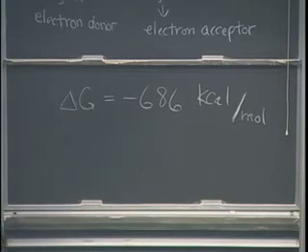So this is a very exergonic reaction. So glucose is around, there's oxygen around. Why doesn't this just spontaneously combust? Why doesn't glucose just immediately react with oxygen? It's very exergonic.